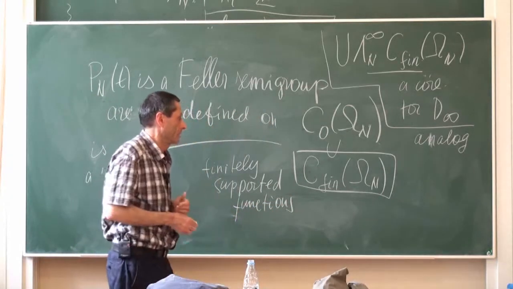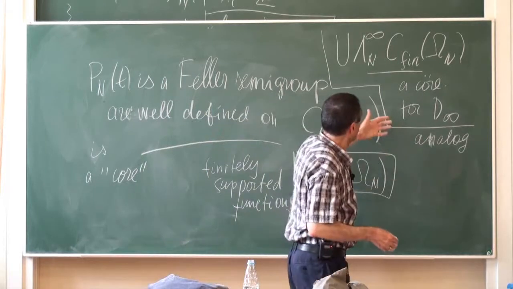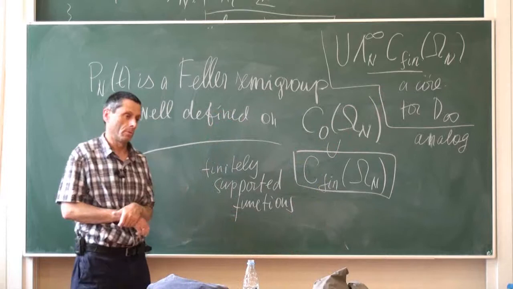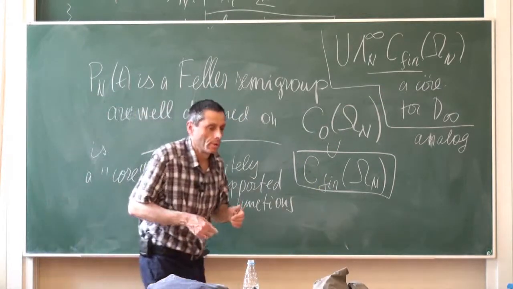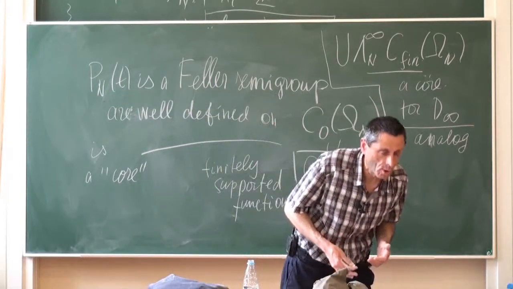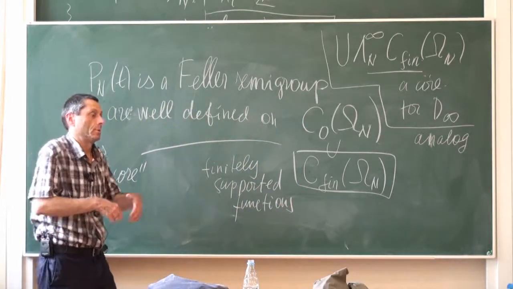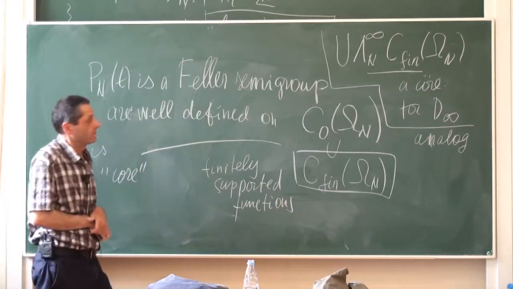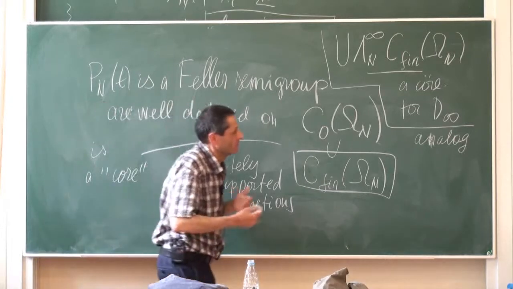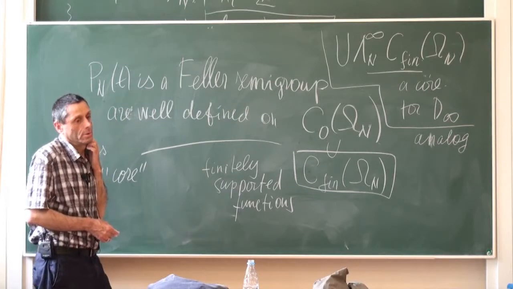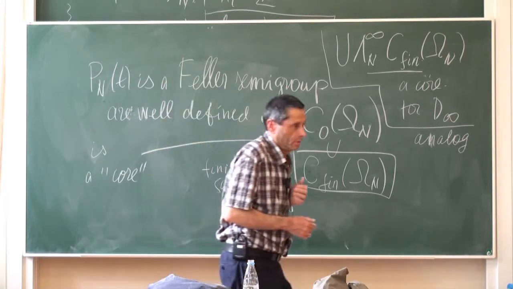I will define it later. But I would like only to say that we can produce some analog of a space of polynomials. And on this space of polynomials, we are able to define our generator. And in appropriate coordinates, we will prove that this generator is a second-order differential operator.